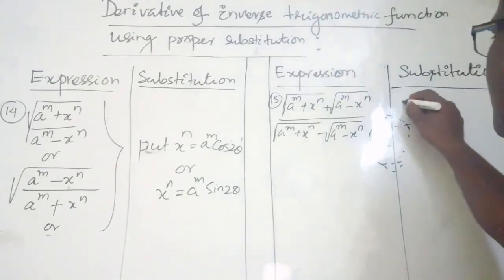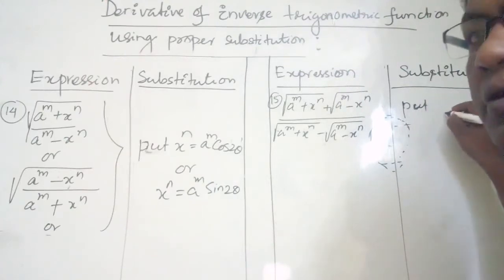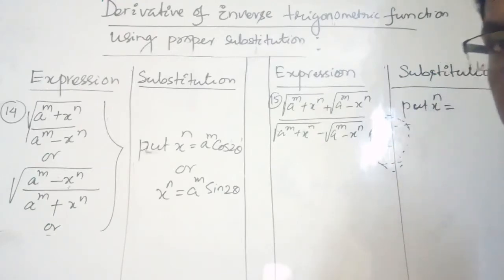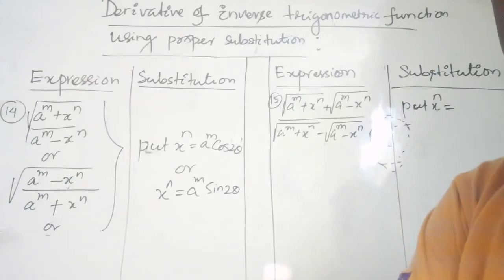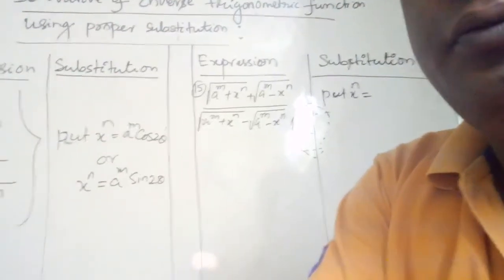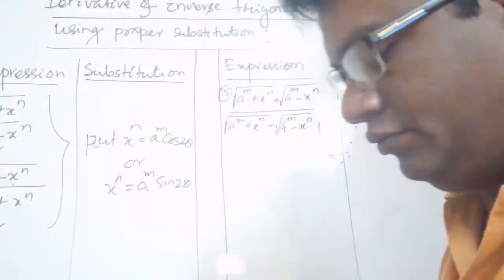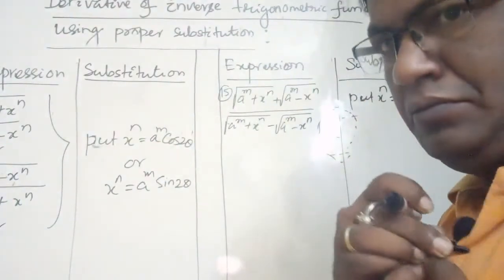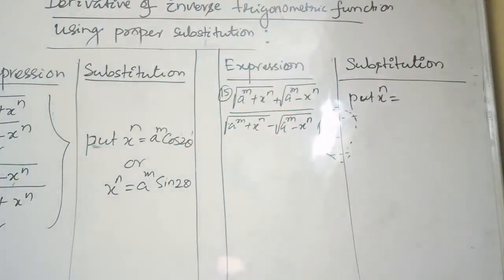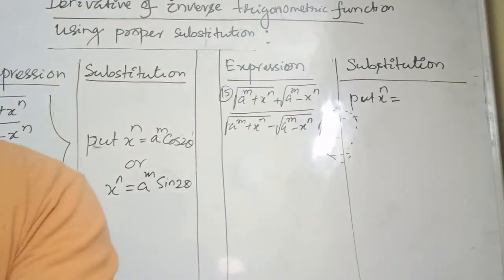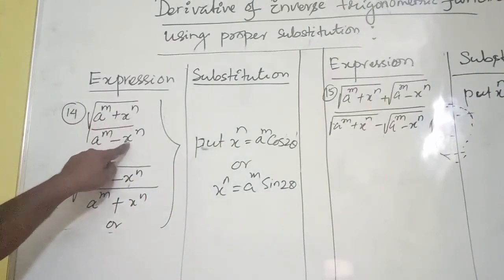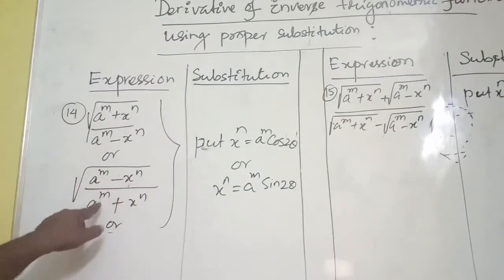Put x to the power n is equal to... What is 14? 14 is the substitution: a to the m plus x to the n by a to the m minus x to the n, or a to the m minus x to the n divided by a to the m.